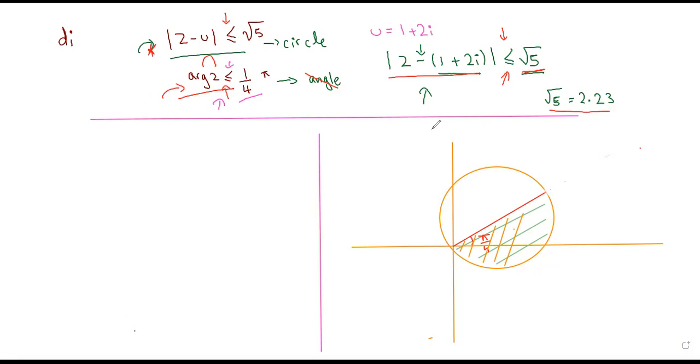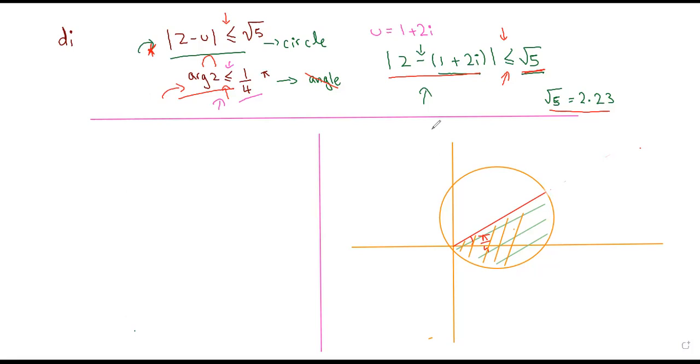If it is less than, then if it's a line, it would be under the line. If it's a circle, it would be inside the circle. If it's equal to, they are going to be the boundary points. If it is greater than and it's a circle, it would be outside the circle. If it is greater than and it's a line, it would be above the line, right? So these are some of the things that you need to keep in account.